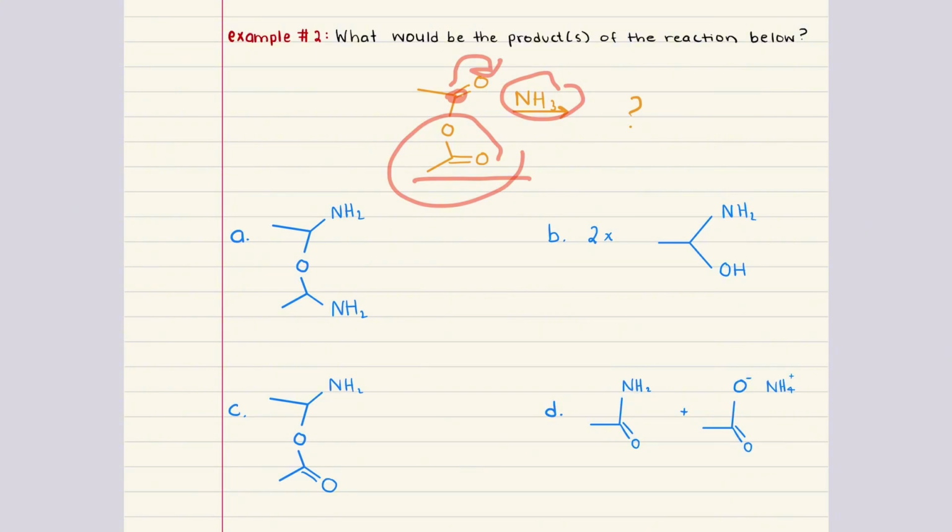So the newly formed carboxylic acid, being acidic, will donate a proton to the basic ammonia molecule. And this is going to create an ammonium ion and the deprotonated form of the acid, which is the carboxylate anion. So the final products of the reaction are going to be an amide and an ammonium carboxylate salt.